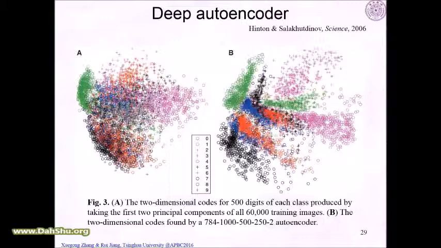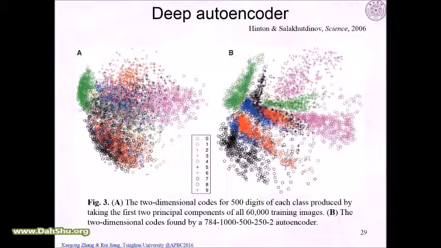Remember that all this training is unsupervised. So we only let the output reproduce the input. No class label is involved. And we can imagine that if we want to build a classifier based on these 2 inputs, it will be much easier. And the figure at the left side is the output of principal component analysis.